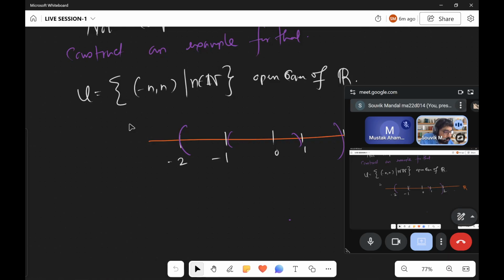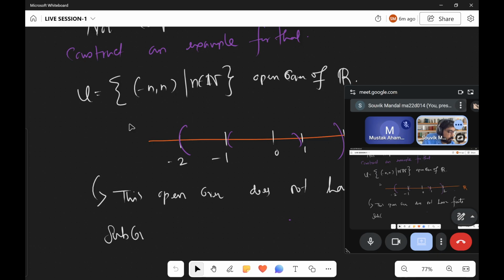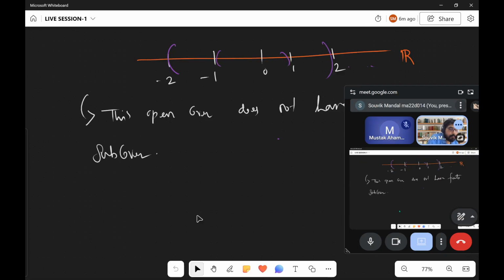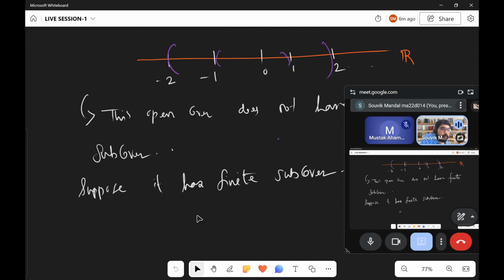However, this open cover does not have a finite subcover. Why? Let's assume, suppose it has a finite subcover, correct?